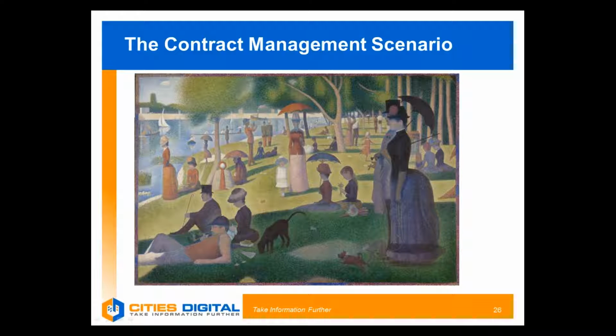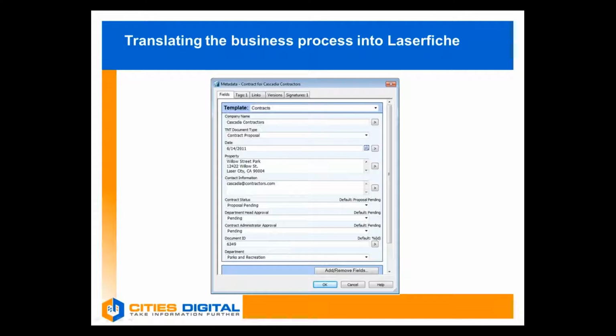So kind of going through this, one of the things that we need to do is capture certain information about the proposal. You can see here we can automate the business process using digital signature activities in the workflow itself.